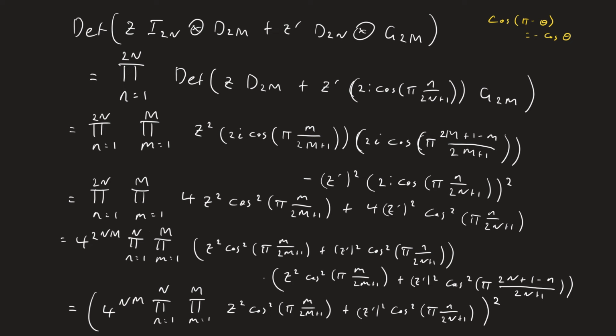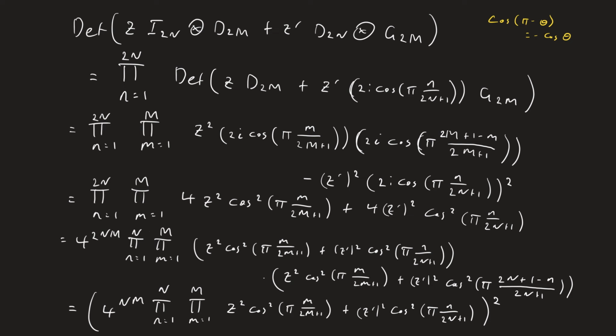This expression simplifies. 2 times 2 gives us 4. I times I gives us -1, but we don't have a negative sign because this cosine term, by the property that cos of pi minus theta equals negative cos theta, is just the negative of this term.